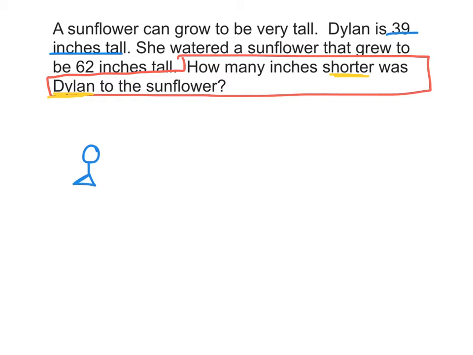And we know that she is 39 inches tall. So let's continue reading. She watered a sunflower that grew to be 62 inches tall. Now that's important information as well. So now we know that the sunflower is 62 inches tall.